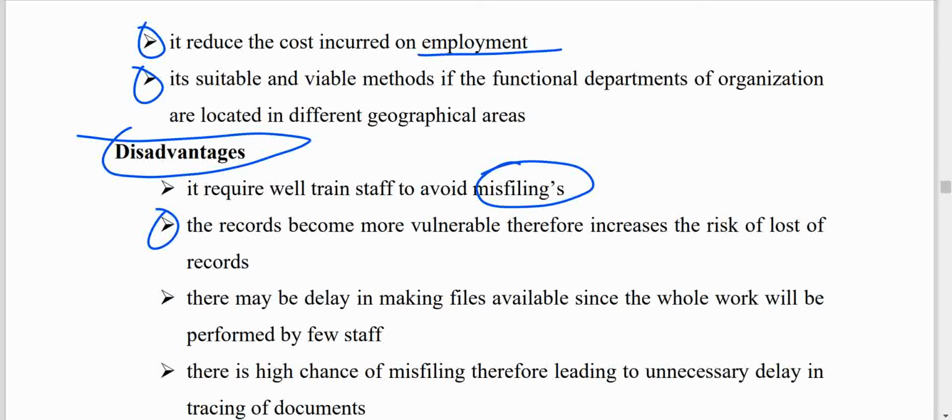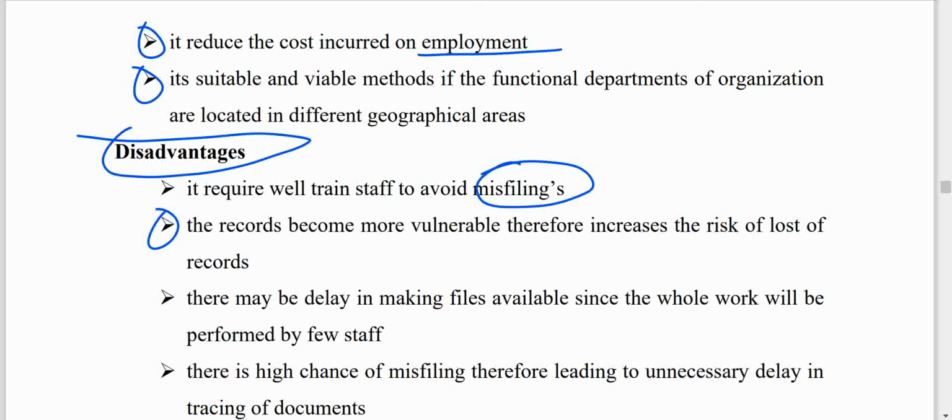Next is that the records become more vulnerable, therefore increasing the risk of loss of records. When the department is having high volumes of records, the records can simply either get lost or be damaged.